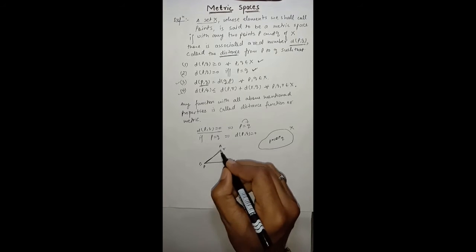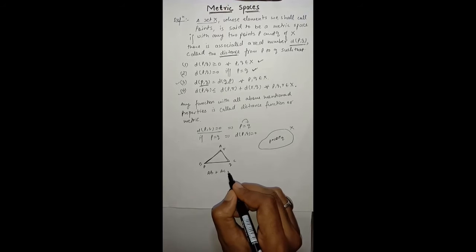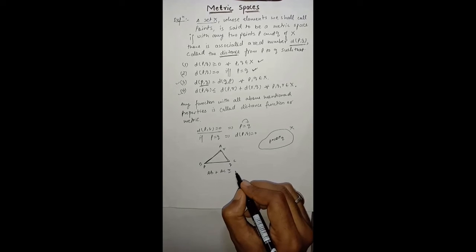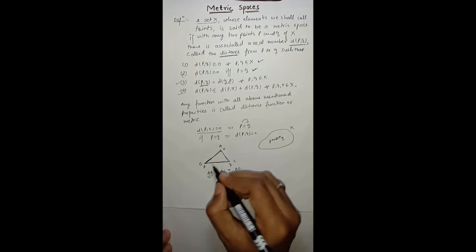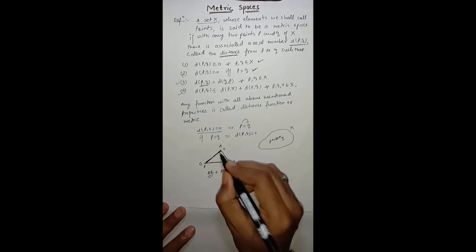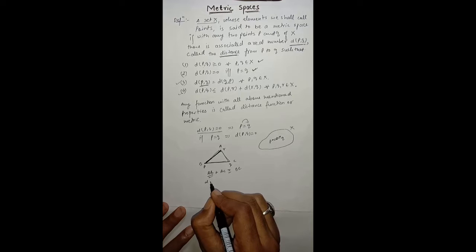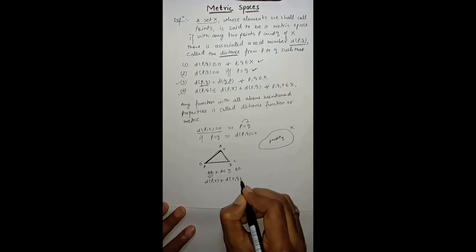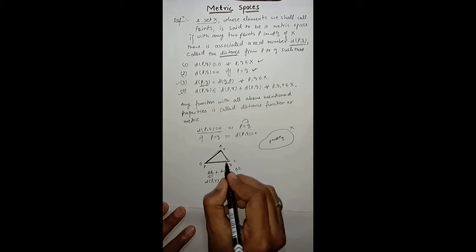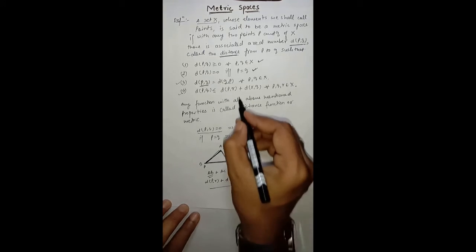That means AB plus AC is always greater than or equal to BC, and this AB is nothing but the distance from A to B. With the points P, Q and R, we can write with the definition of the distance function, the distance from P to R plus the distance from R to Q is always greater than or equal to the distance from P to Q. This is called the triangle inequality.